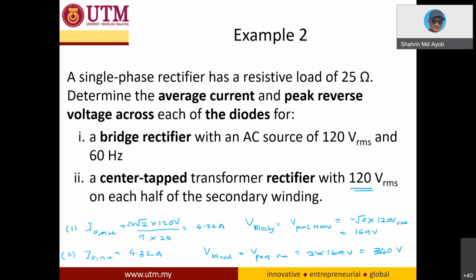And if you are more towards the safety side, if your product is very critical and should be on the safe side, then you need to have some isolation, then you need to use the center tap rectifier for that.